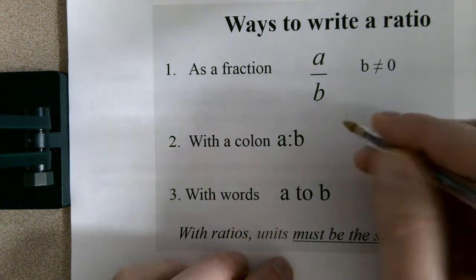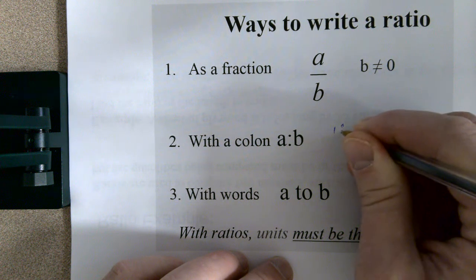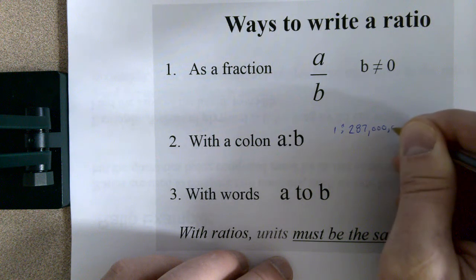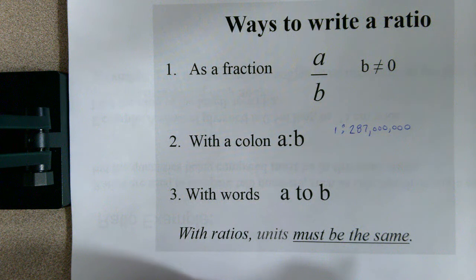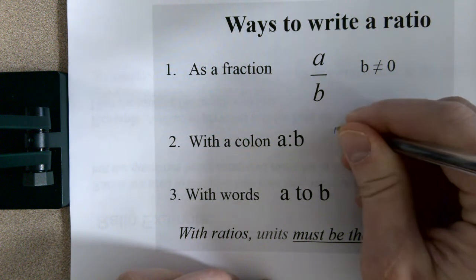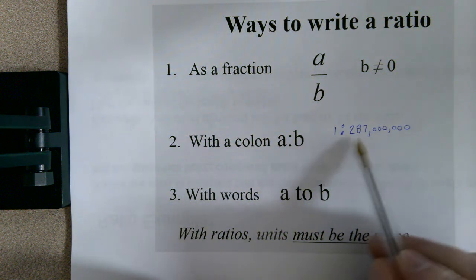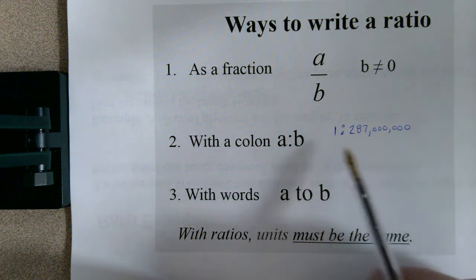If I say the odds of winning the lottery are 1 to 287 million, which I think is about the odds of winning the Powerball. Just recently, I don't know if you guys paid attention to the Powerball, but it got up to almost a $1 billion jackpot.